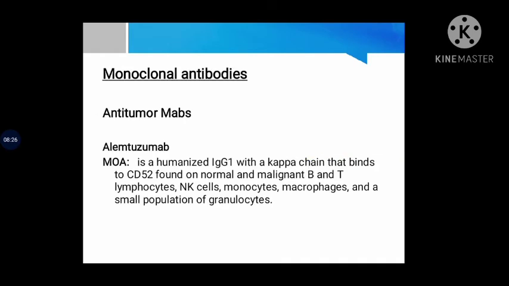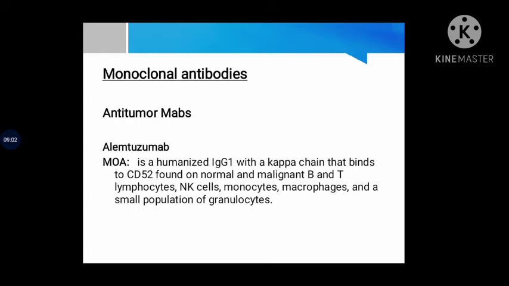So the next one is monoclonal antibodies. There are different types of monoclonal antibodies according to uses, but I only give at least one drug belonging to each type of monoclonal antibody. The first one is anti-tumor monoclonal antibodies. The drug that belongs to anti-tumor MABs is alemtuzumab.